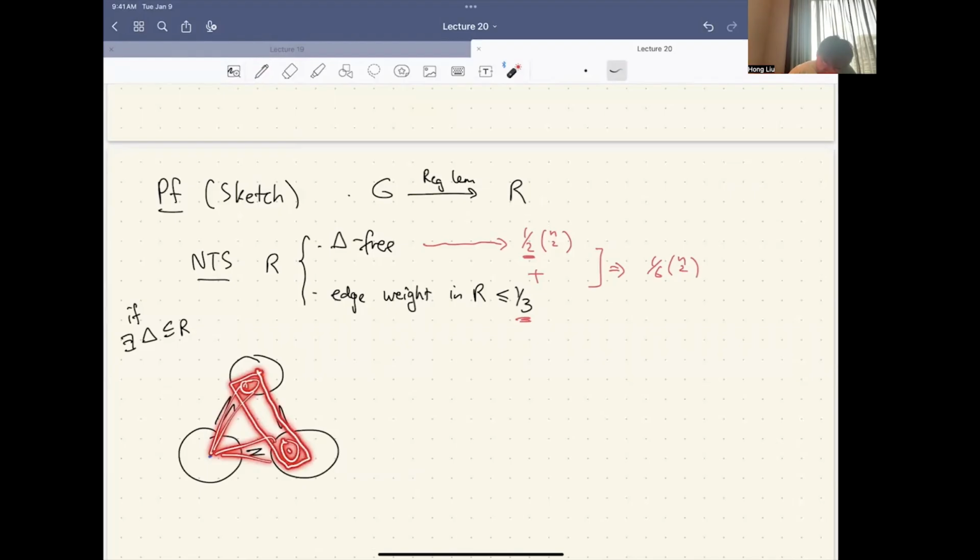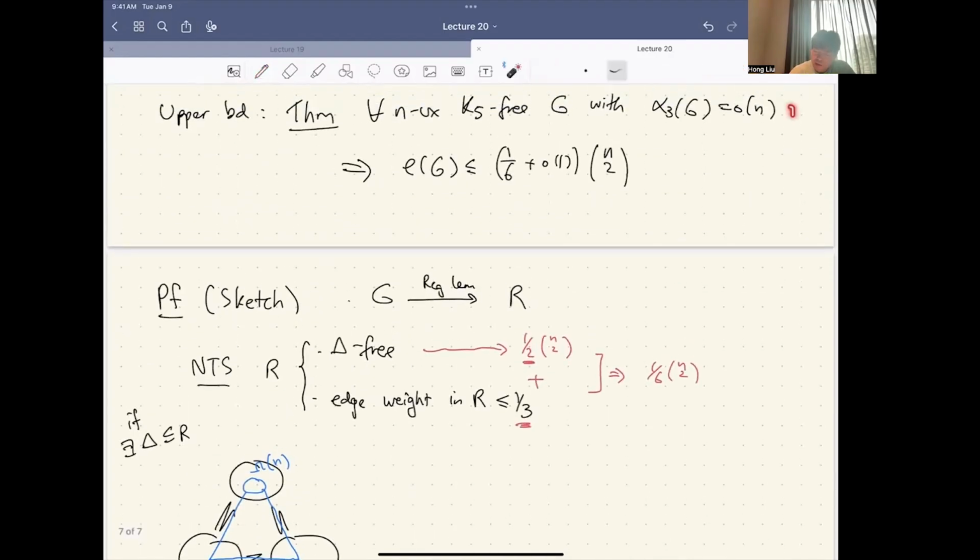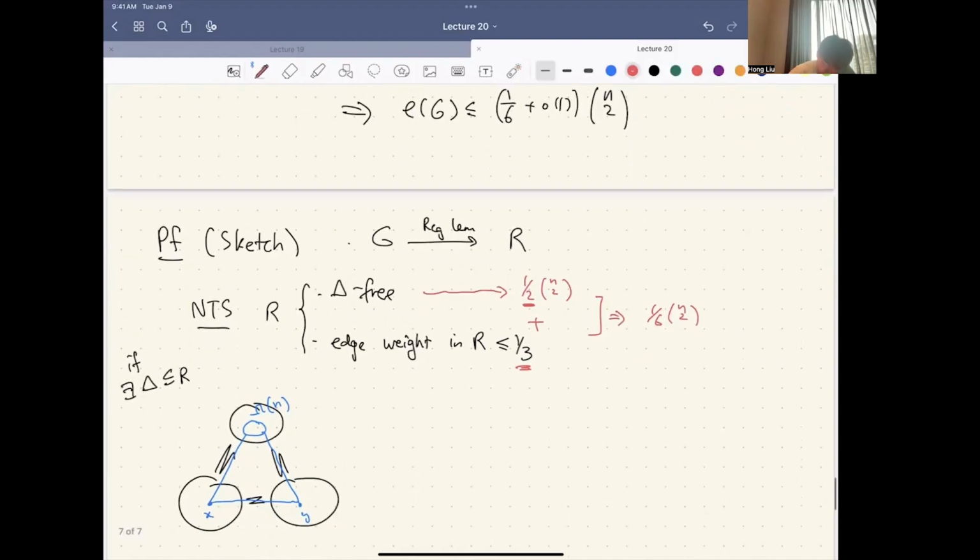You can then find another typical vertex in the neighborhood of this, which has linear-size neighborhood here. In other words, we can find two adjacent vertices x and y that have linear-size codegree. But with linear-size codegree, what do we have? The graph has sublinear triangle independence number. Whenever you have a linear-size set, there must be a triangle in there. So you will see a triangle inside. What is this triangle giving us together with xy? You get a K5. Contradiction.